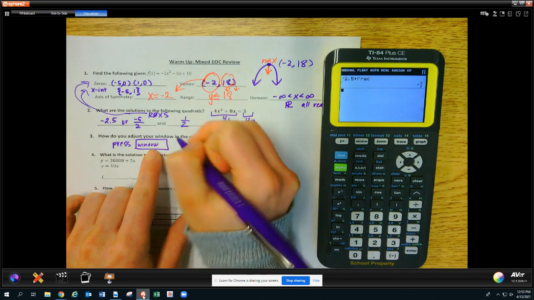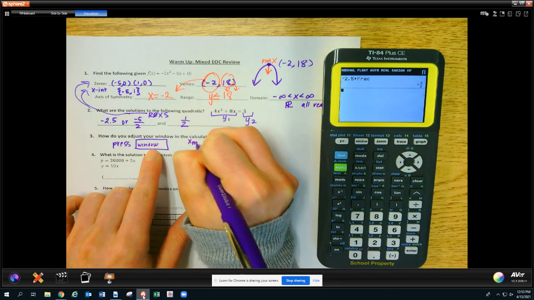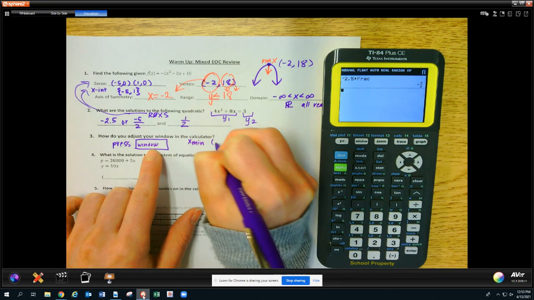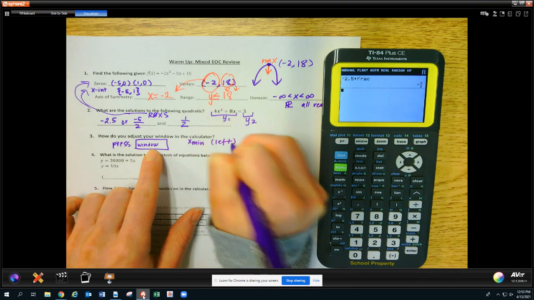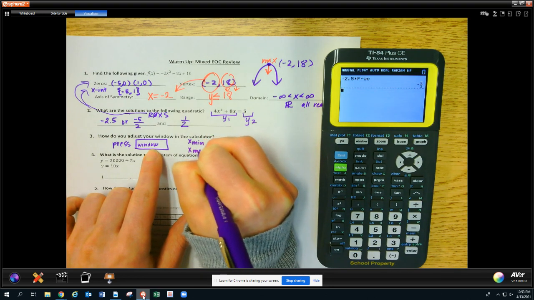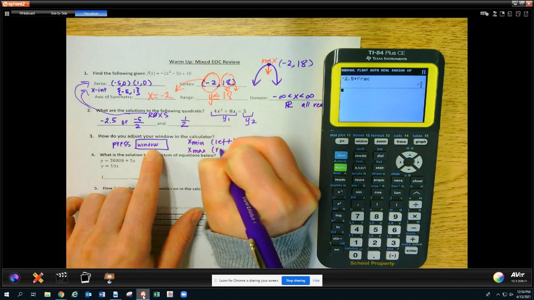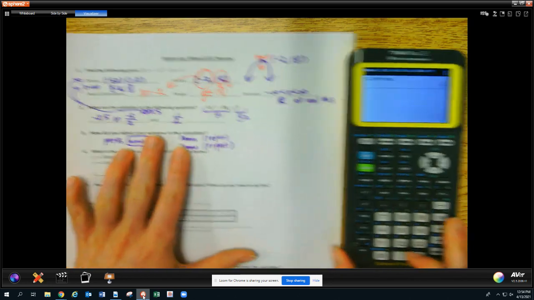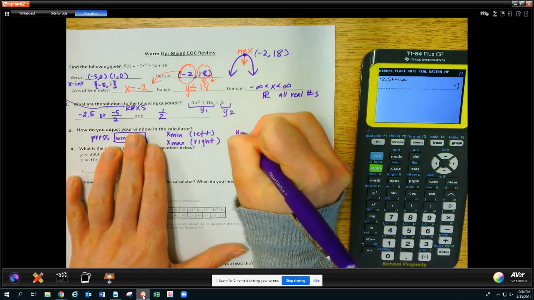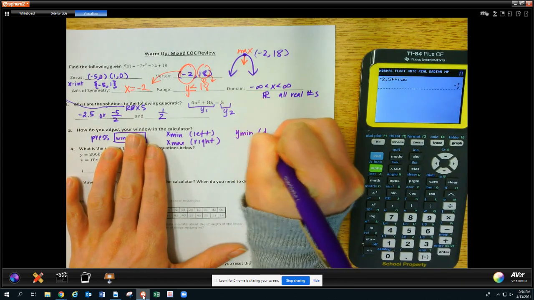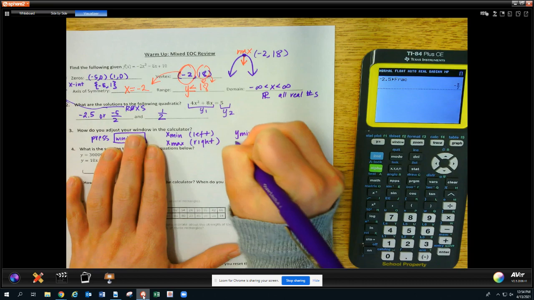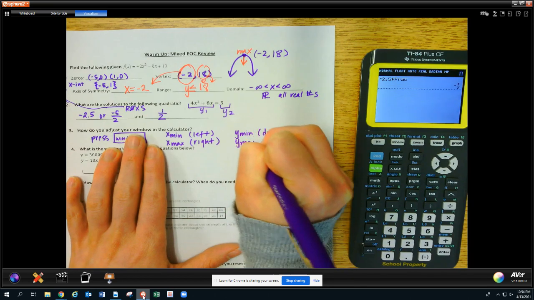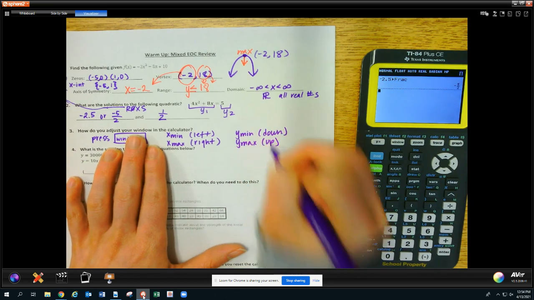And so you're going to adjust either the X-min if you want to move left, X max if you want to adjust to the right. Okay, you're going to change the Y-min if you want the screen to go down. You're going to change the Y max if you want the screen to go up.